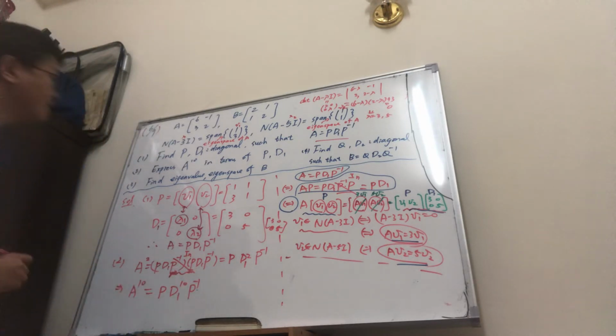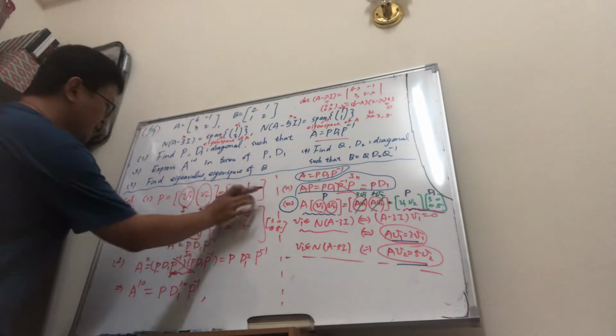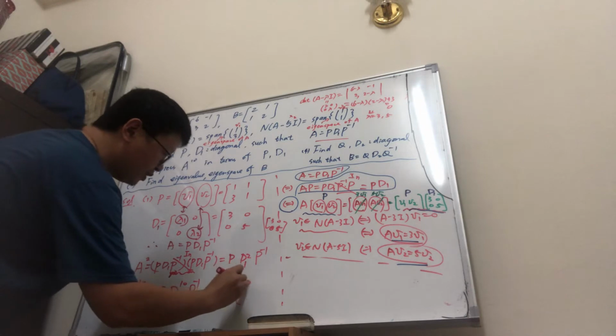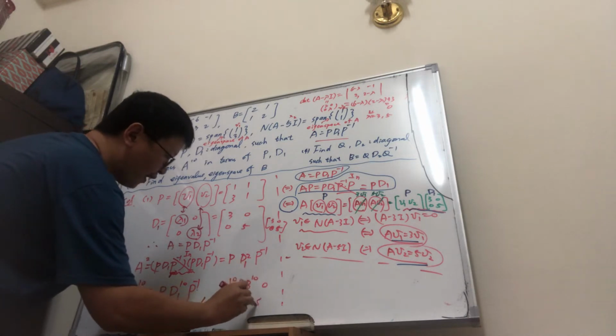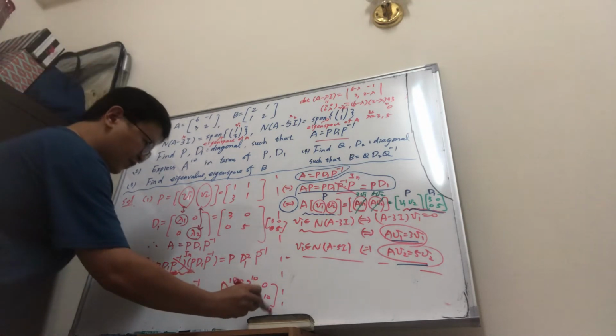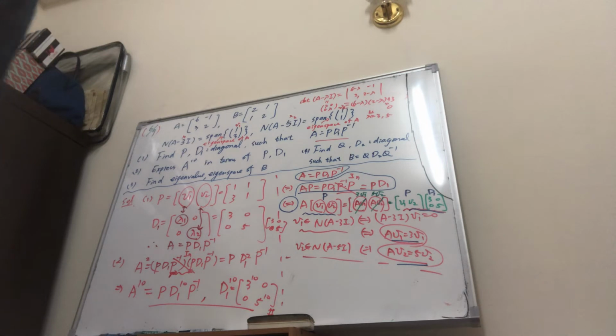Here P is the matrix, and D1 to the power of 10 has entries 3 to the power of 10 and 5 to the power of 10. So that is the solution to the second question.